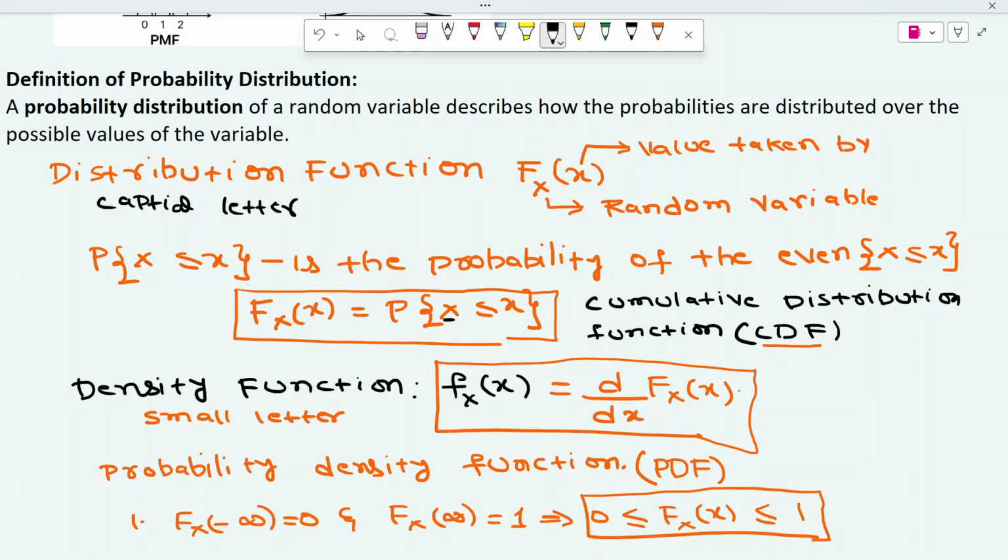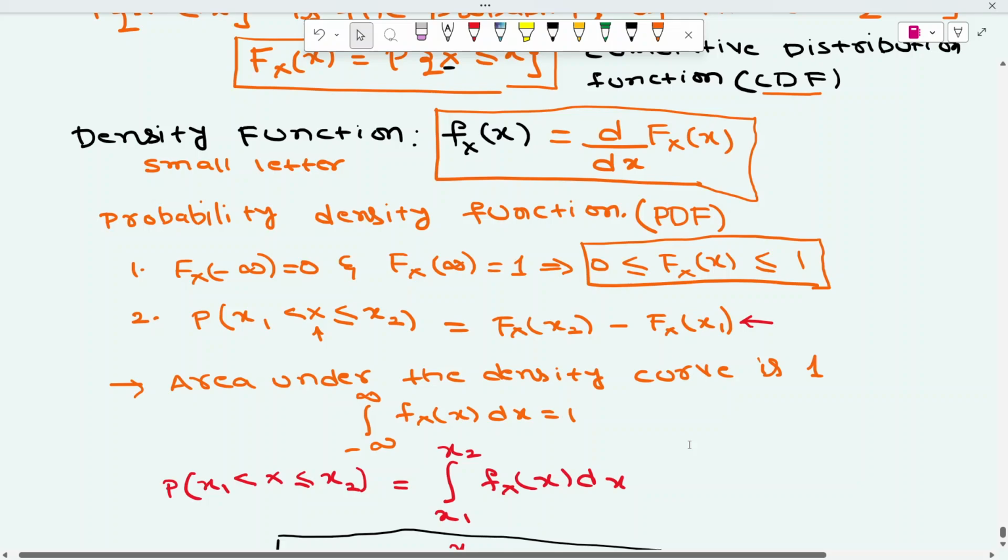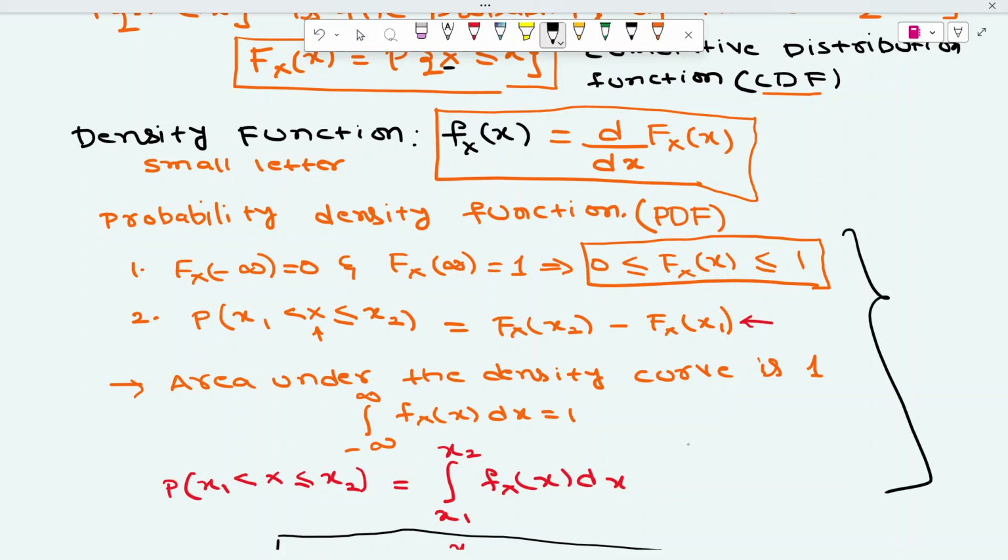I hope you are able to understand what the distribution function and the density function are, and these are the properties. They are very useful for solving problems related to the distribution function and density function. Please remember these formulas and properties.